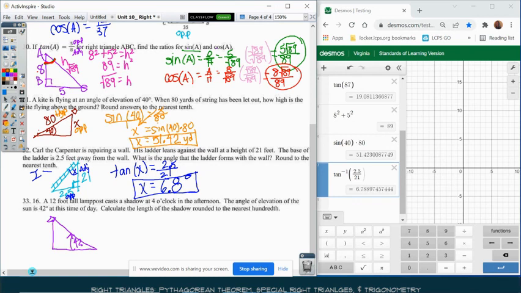It's continuing along this same path for us. That line of sight continues along to see the sunshine up there, okay? So that's why we have this angle of elevation 42 degrees. We've got it so that we are finding the length of the shadow. That's what I need to know. And it was a 12-foot tall lamppost.